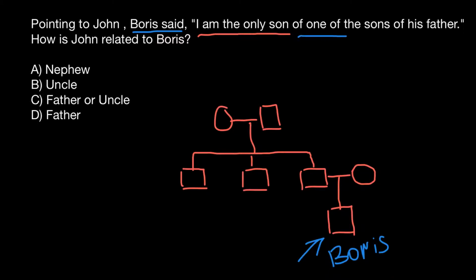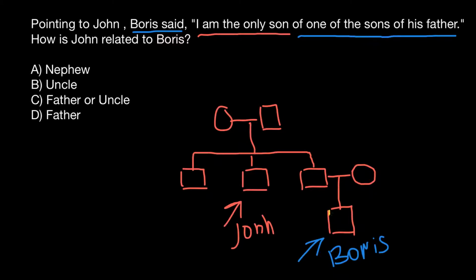So let's continue. Let me use a different color. Of one of the sons of his father. Again, I am the only son of one of the sons of his father. So let's assume that Boris is talking about this person who is John. Let's follow again what he's saying.